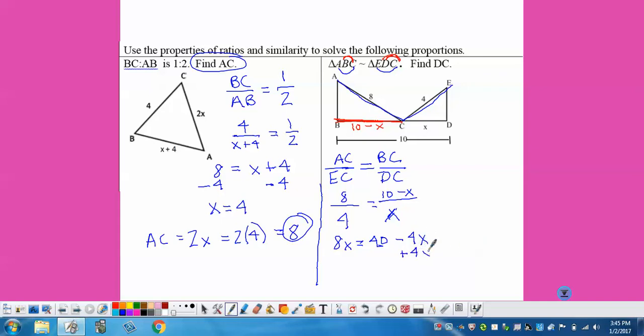Add my x to the other side to get them all on one side. 12x equals 40. Divide both sides by 12. And x, 40 over 12 would simplify to 10 over 3.